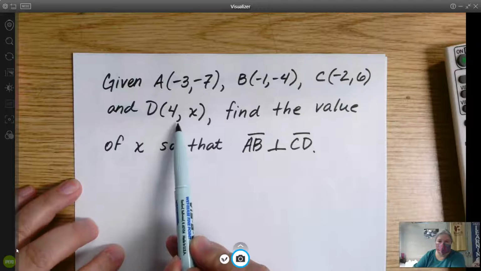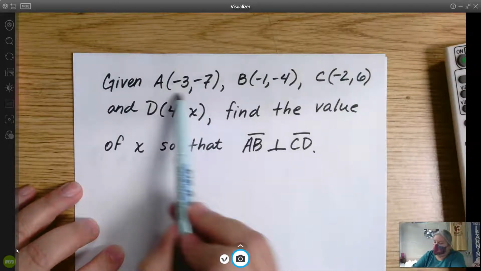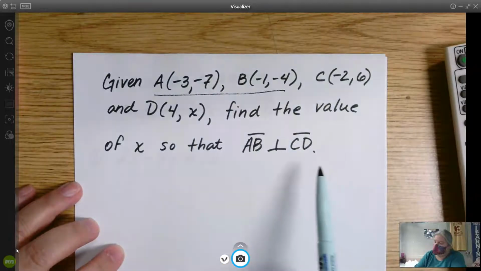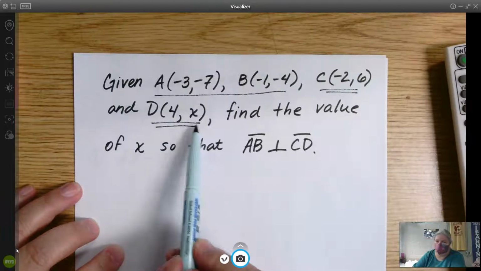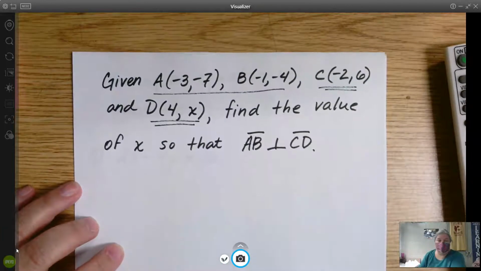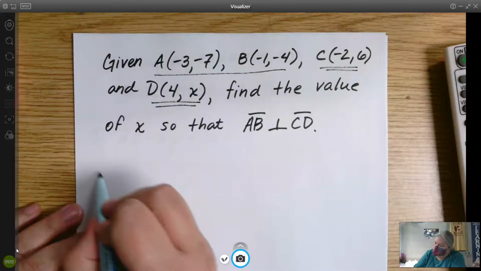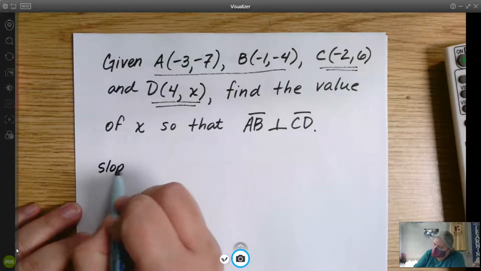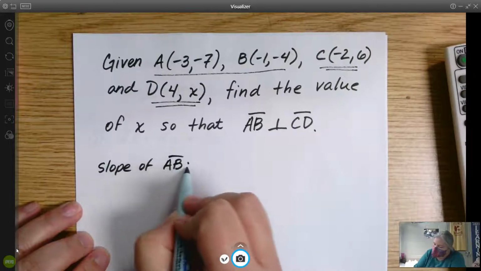So we're basically finding out what x would have to be for segment AB to be perpendicular to the segment with C and D. The first thing I'm going to do is find the slope of AB. There's not really a symbol that means that, so I'm going to write it out.